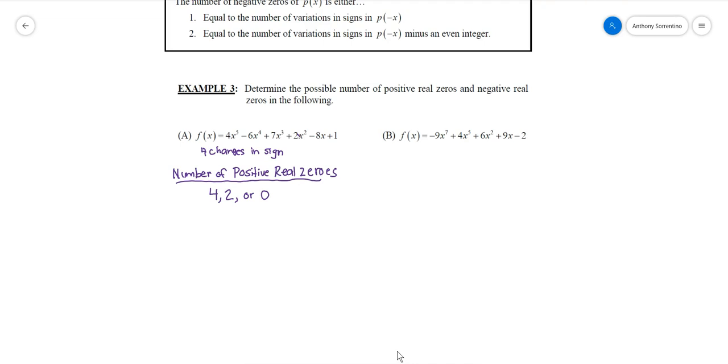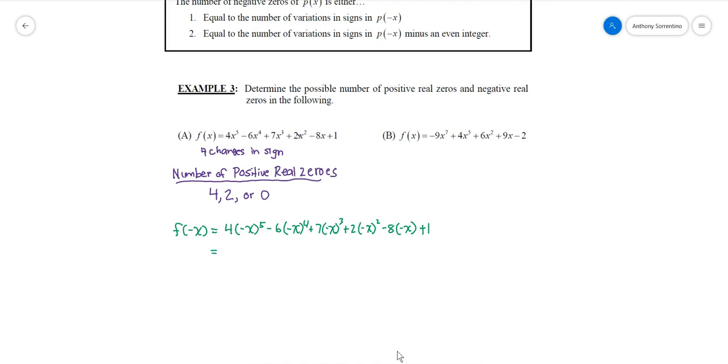I then look at f of negative x. Which would be 4 negative x to the 5th minus 6 negative x to the 4th plus 7 negative x cubed plus 2 negative x squared minus 8 times negative x plus 1.